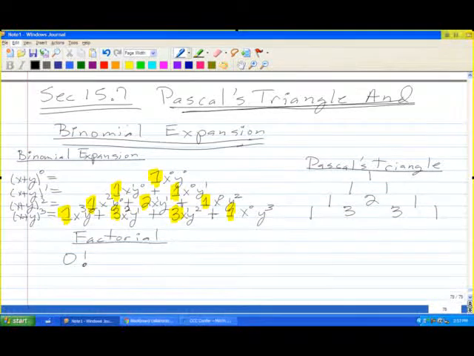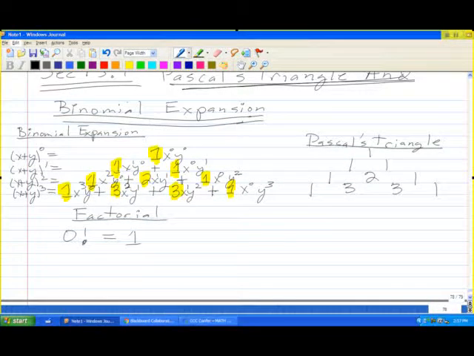I'll define 0 factorial as 1. I'll define n factorial recursively as n times n minus 1 factorial. This is for n being some natural number. So therefore, I can define any sort of factorial.